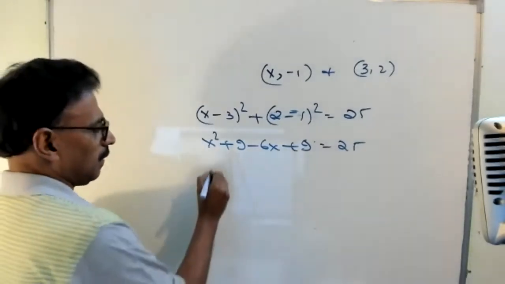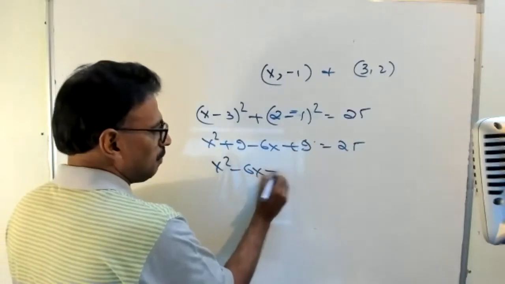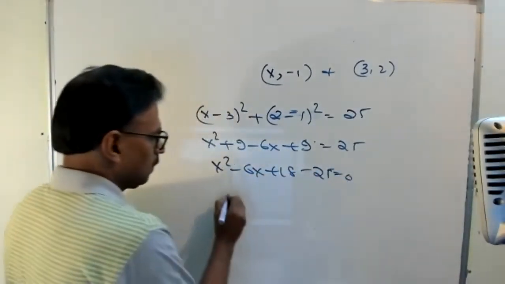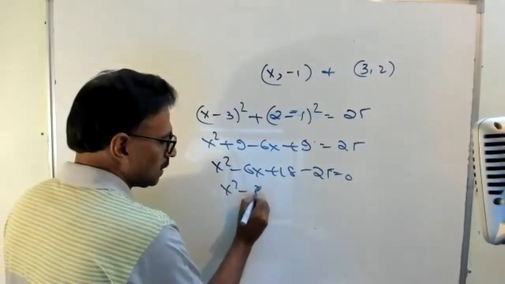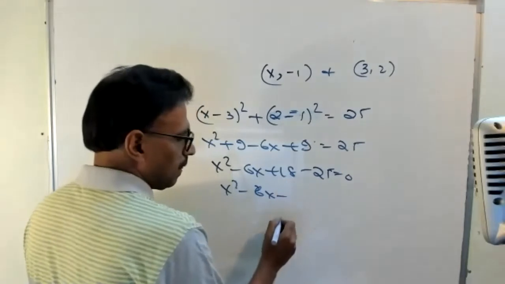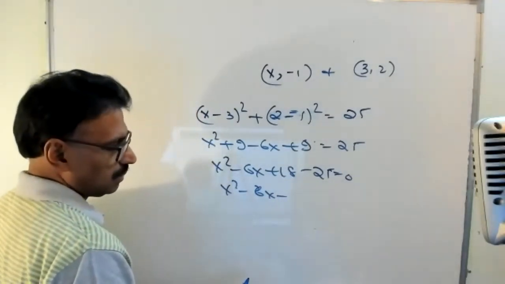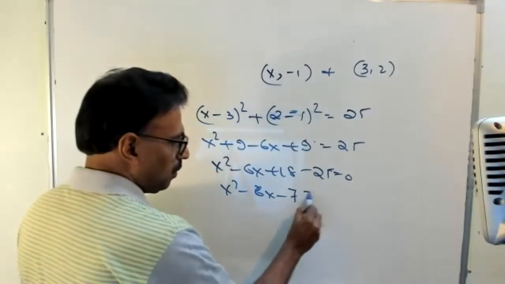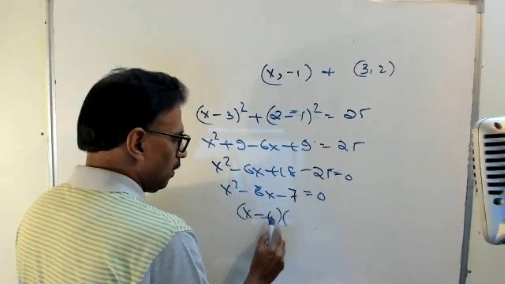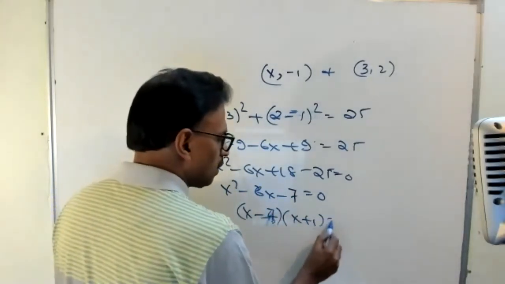So x square minus 6x plus 18 minus 25 equal to 0. So x square minus 6x minus 7 equal to 0. X minus 7 into x plus 1 equal to 0.